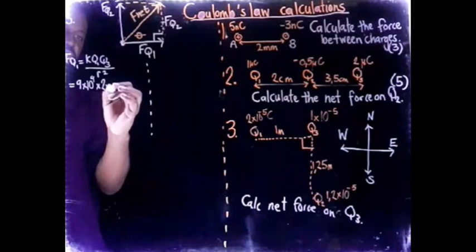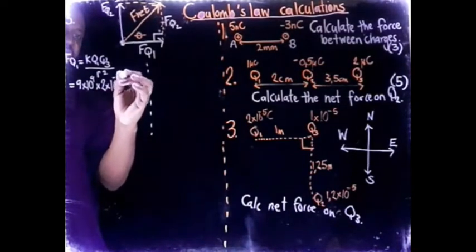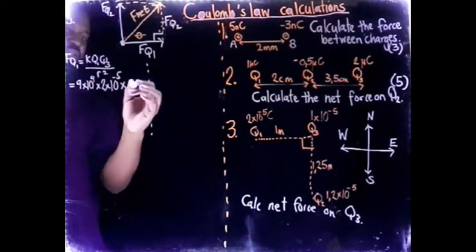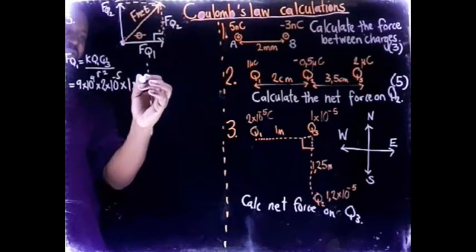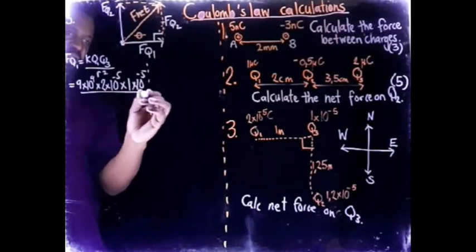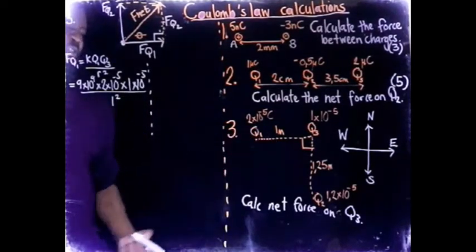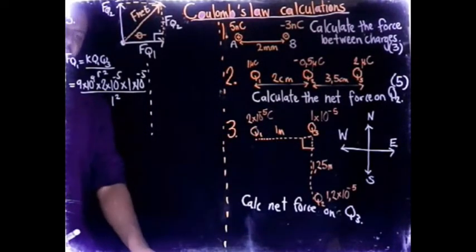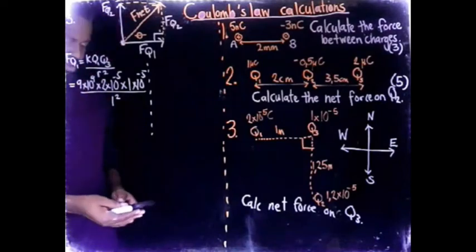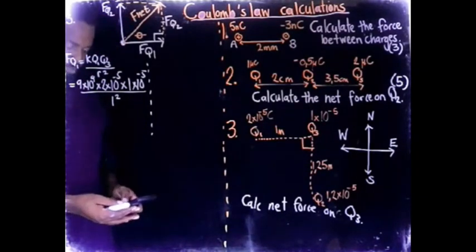Q1 is 2 times 10 to the minus 5. Q3 is 1 times 10 to the minus 5. Distance is 1 meter and it's 1 squared. We already got the distance in meters. No need to convert anything there.